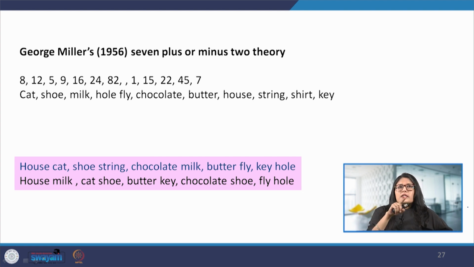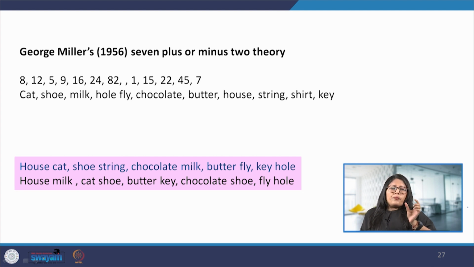Below that we can see some words: cat, shoe, milk, etc. Again human capacity is limited, once we have seen these words, to recall 7 plus or minus 2 numbers or words. The same goes for, you can see here, house, cat.